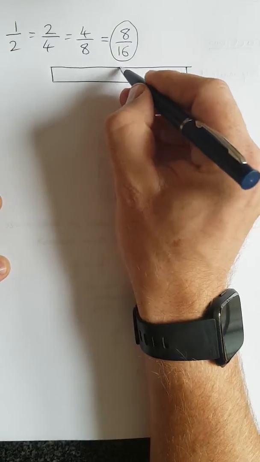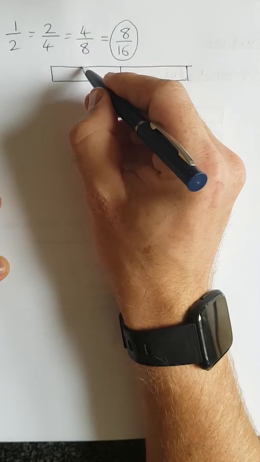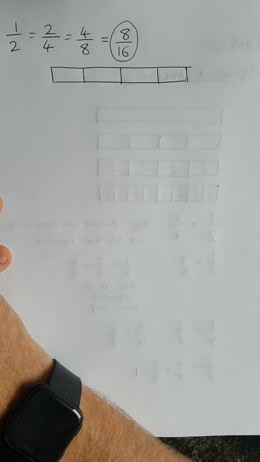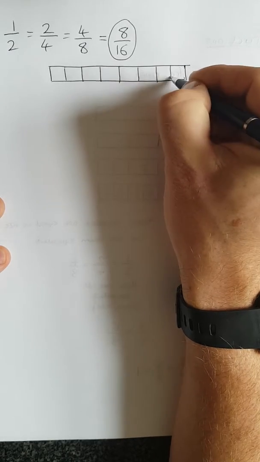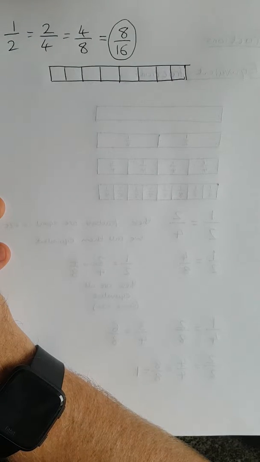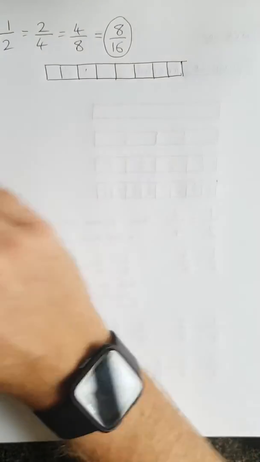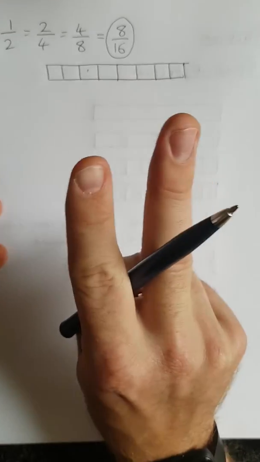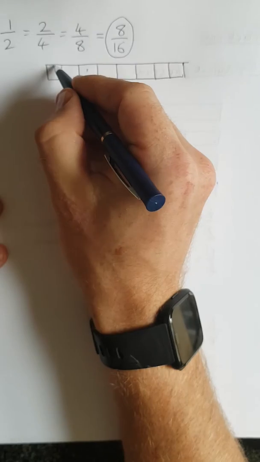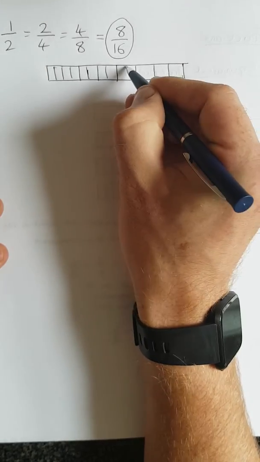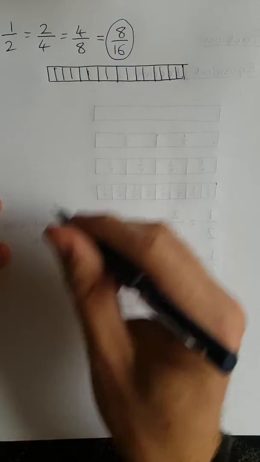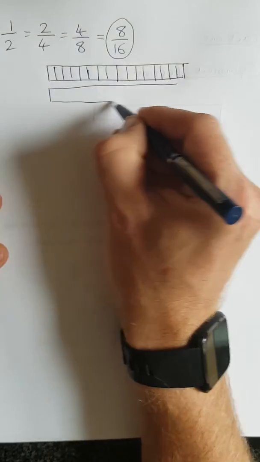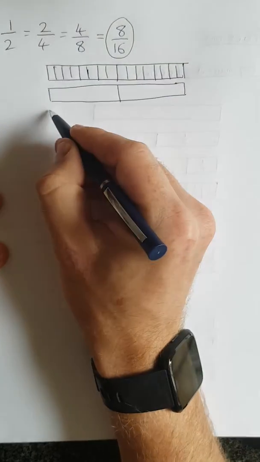There is my whole one, cut into half. There it is, cut into quarters. There it is, cut into eighths. Each time I'm chopping up each piece and getting 2 pieces from it. So now when I go to 16, let's do that again separately. 1/2.